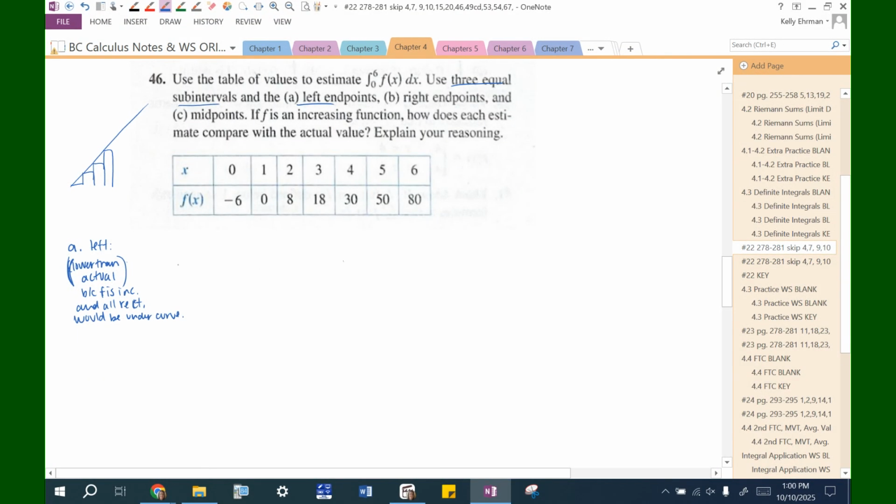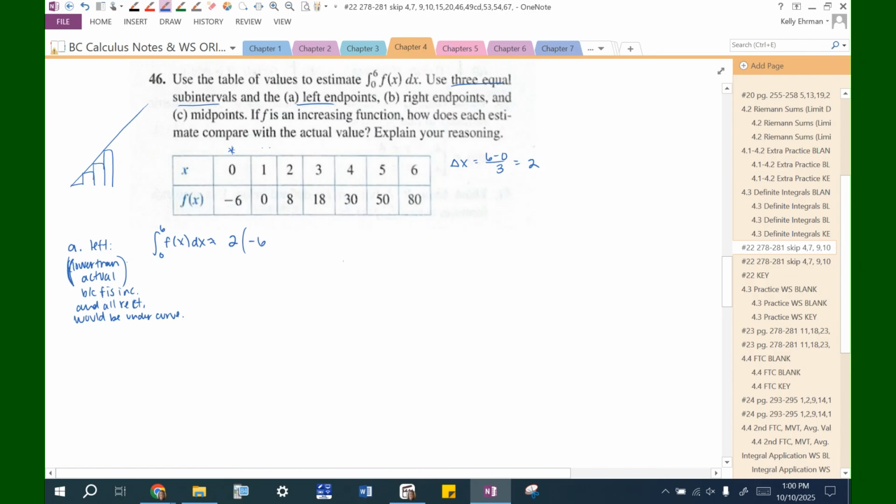Okay, so what is the integral here? The integral from 0 to 6 of f of x dx is approximately, let's see, our delta x is 6 minus 0 over 3, so 2. Every width is going to be 2. And we're going on the left, right? So we should be starting here, at negative 6.